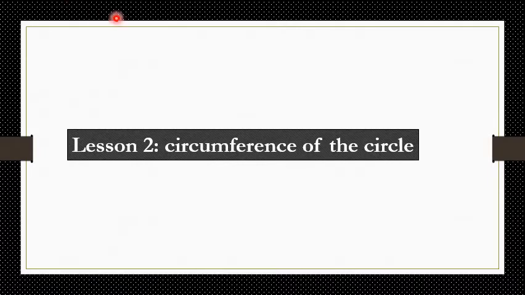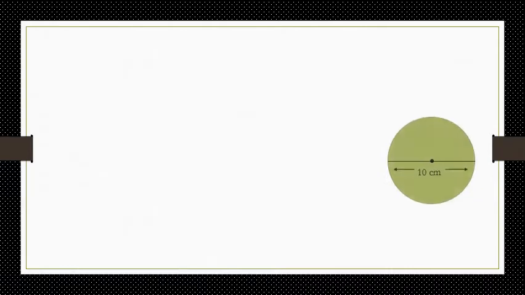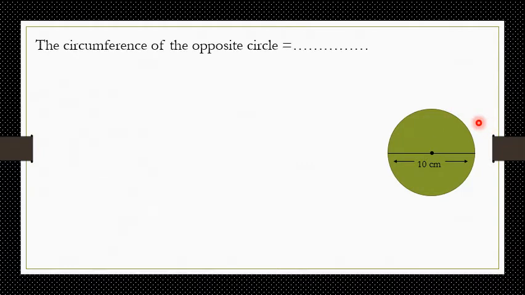Now lesson 2, circumference of the circle. Now if we have circle with diameter equals 10 centimeter and we wanted to find the circumference of that circle, consider pi equals 3.14.